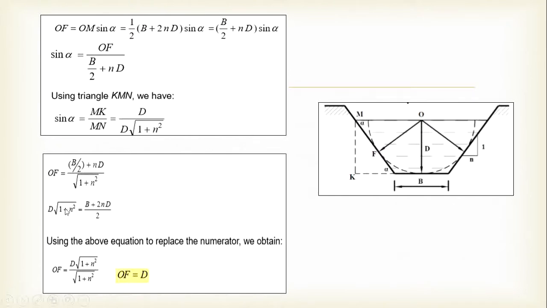I will rearrange these two and substitute back, and I will get OF as D. D is nothing but the depth of flow. That means if I draw a semicircle from the midpoint of the top width, then the radius of that semicircle will be the depth of flow. So wherever it touches, it will be the depth of the flow.